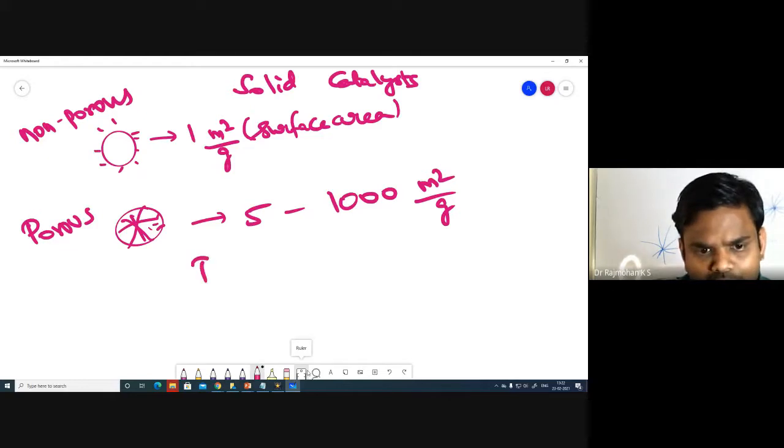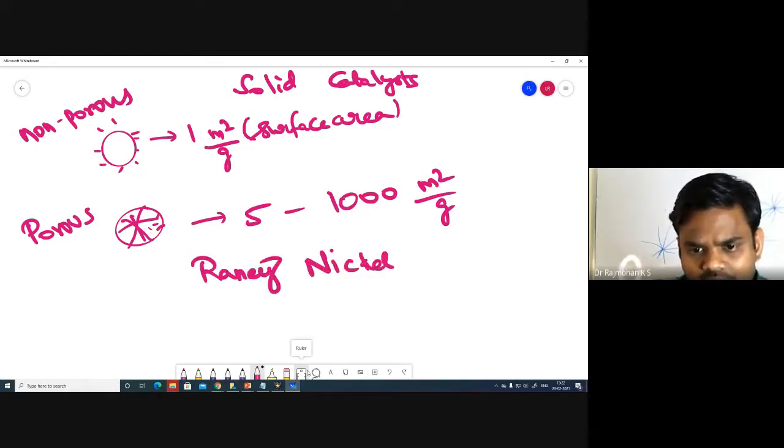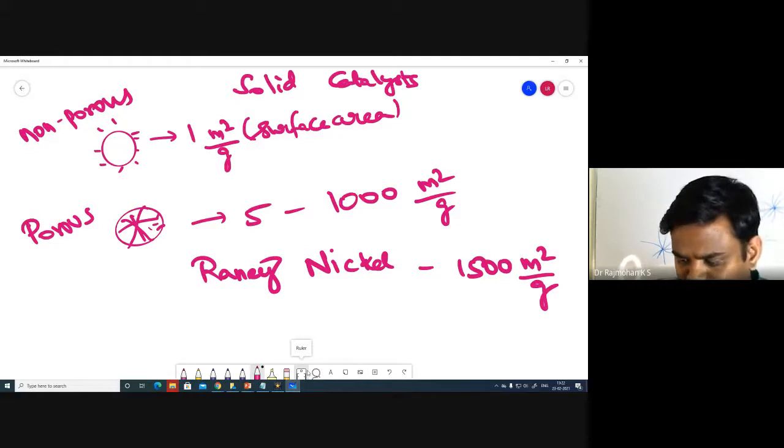I told you about Raney nickel. I told you that it can provide a surface area of 1500 meter square per gram. And if not, we can even make use of supports.